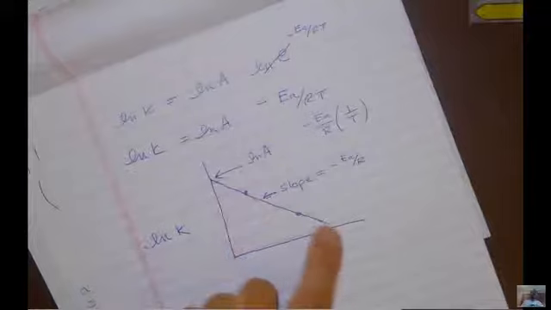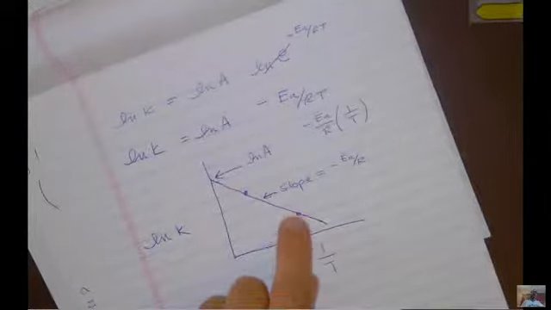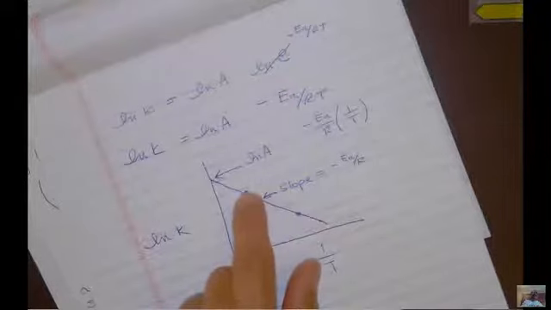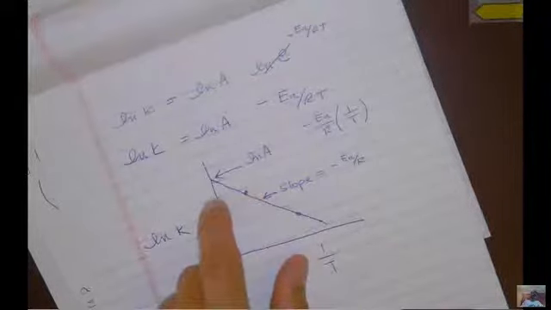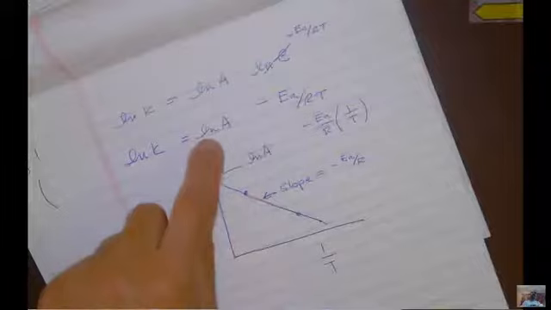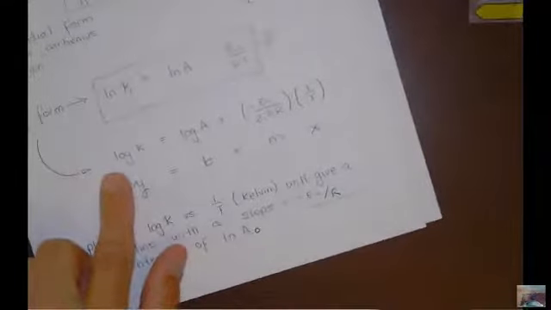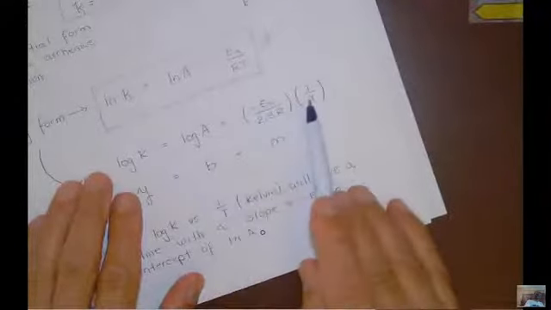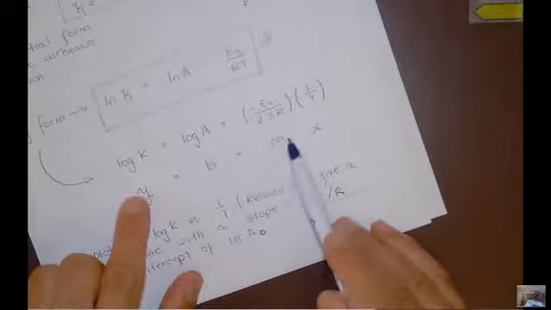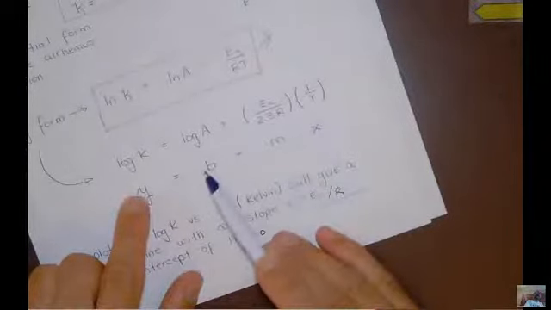If you have 2 points, 2 points define a line. So if you know this temperature and the K at that spot and the temperature and K at that spot, you can plug it in to an equation that looks like this. Here's the ln version, here's a log version, but we know y is equal to mx plus b.